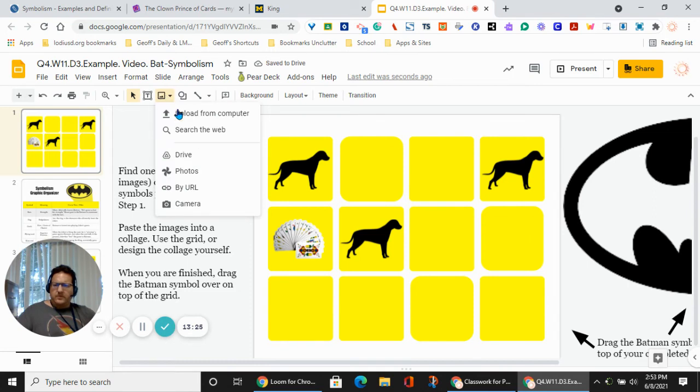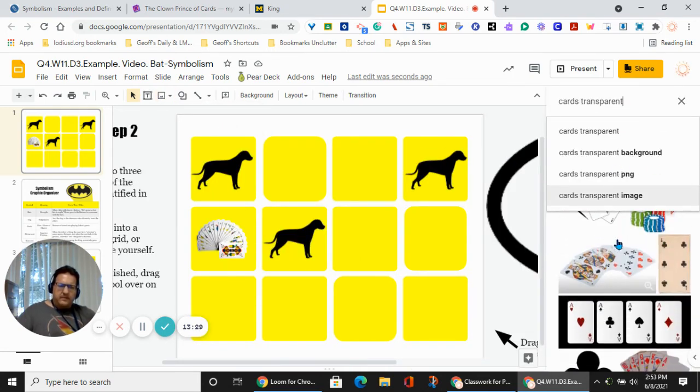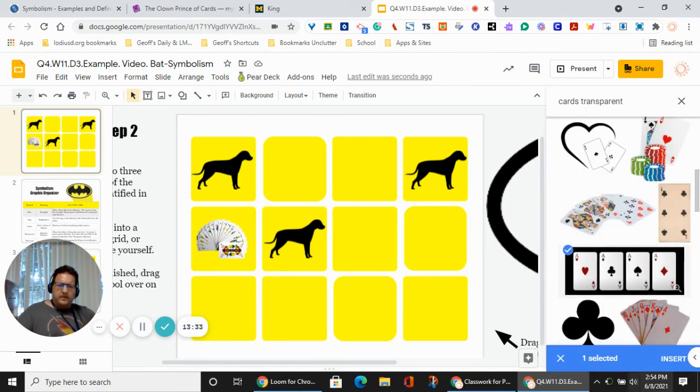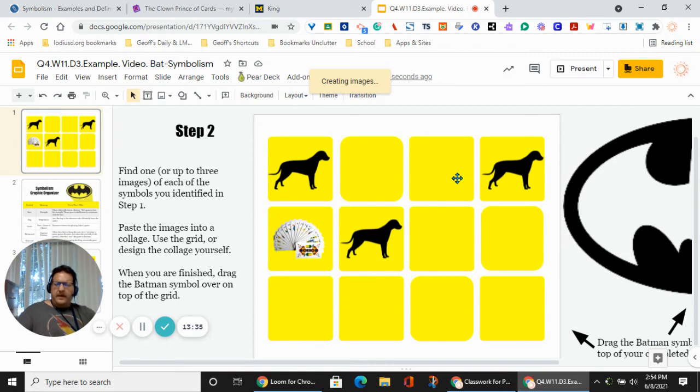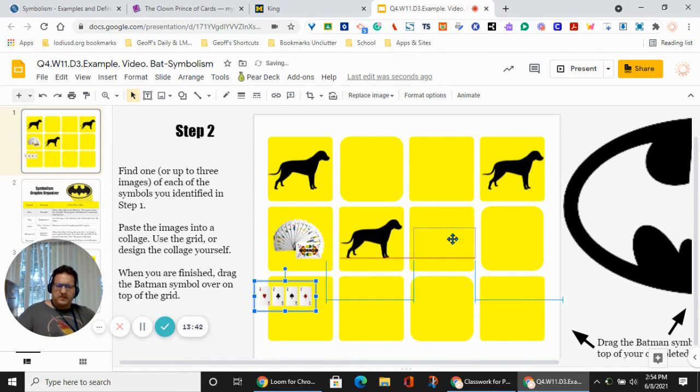And of course, I can. Let's see what we have. I can find different images that all correspond to my symbol. Or it can be the same. Doesn't matter. Whatever you want to do.